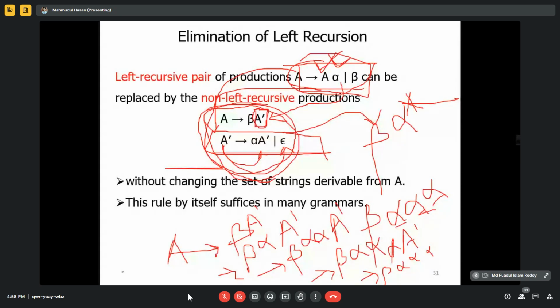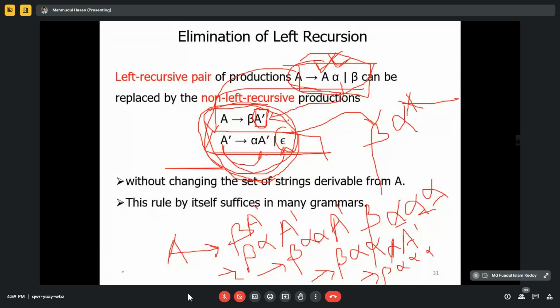It is actually a new non-terminal, and we take the help of this new non-terminal to solve the problem of left recursion. Here epsilon comes, that means we insert some symbol to solve the previous problem.